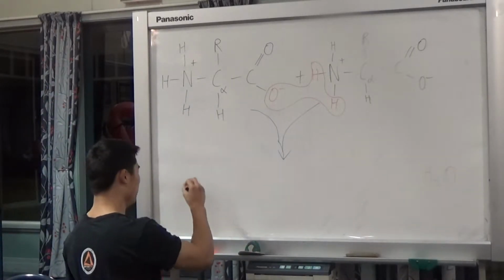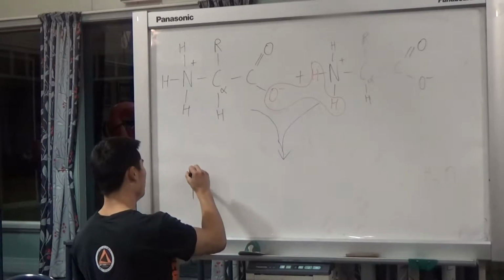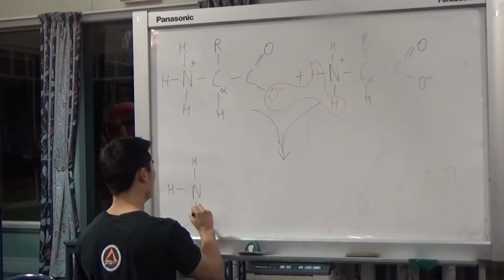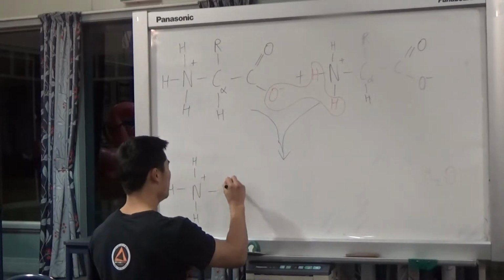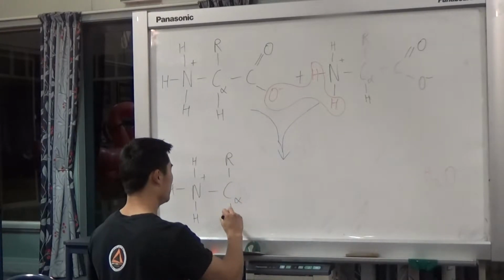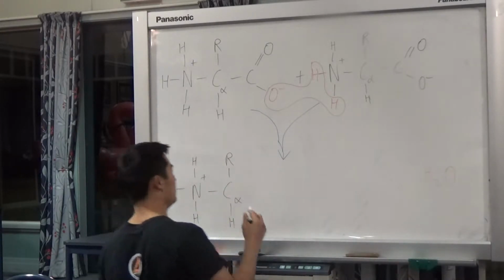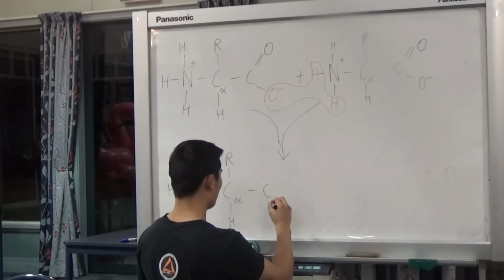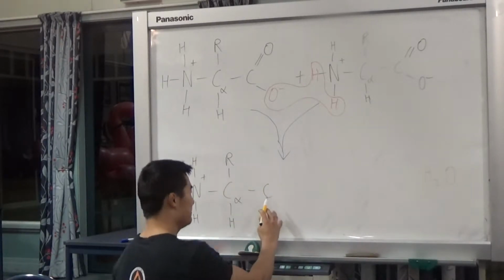And then you're going to end up with, so you're going to draw the nitrogen first. So you have 3 H's bonded to it, and it's positively charged. You're going to have the alpha carbon, so the R group's going to be bonded to the alpha carbon, and then you have your carboxyl carbon here.